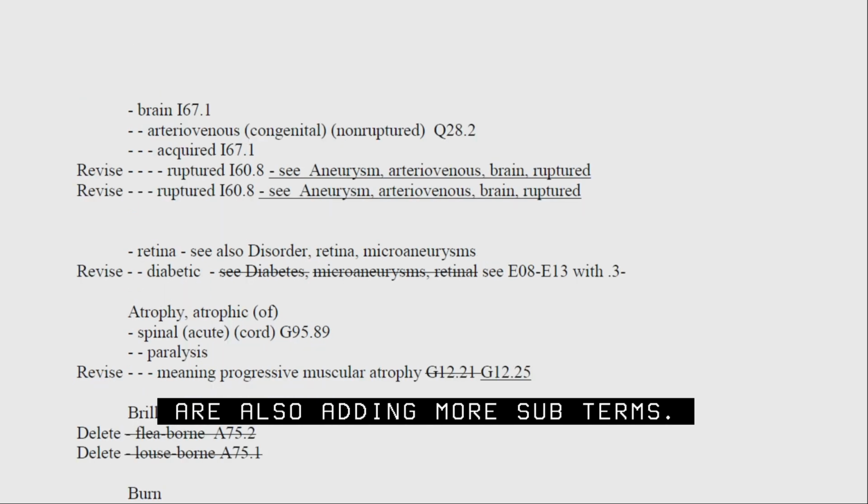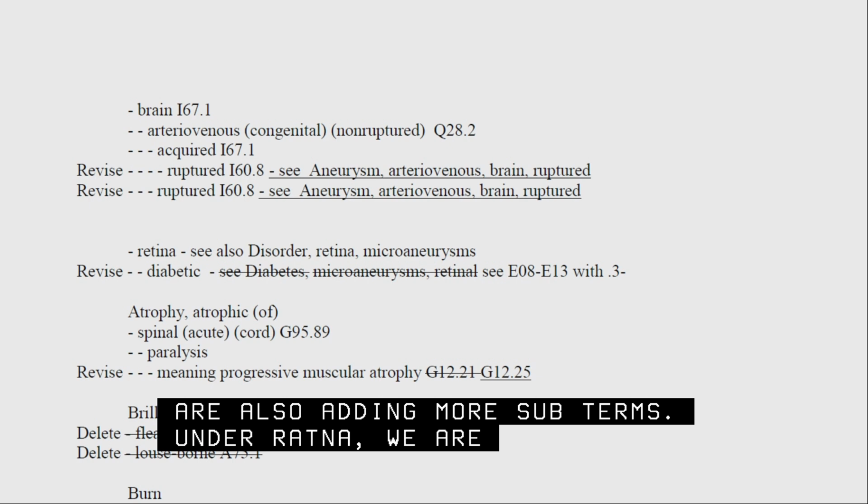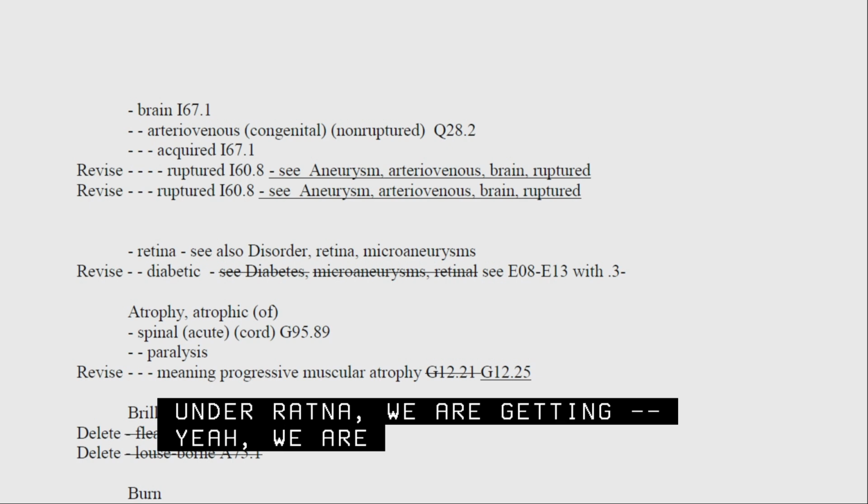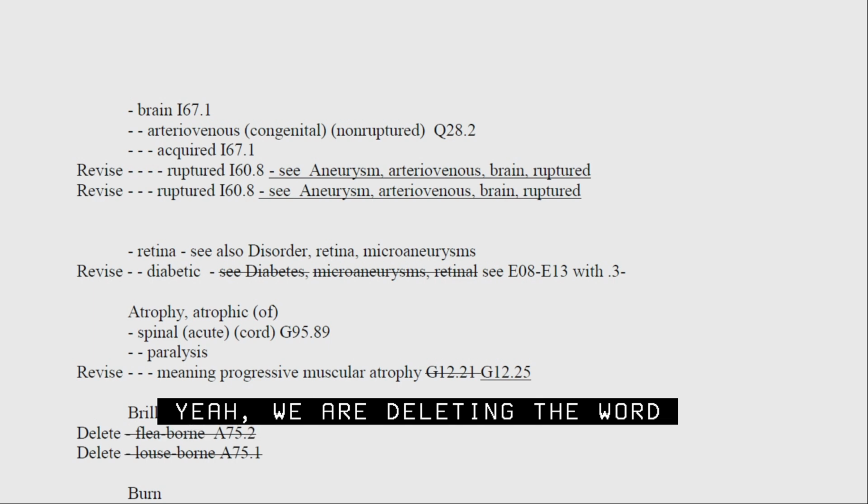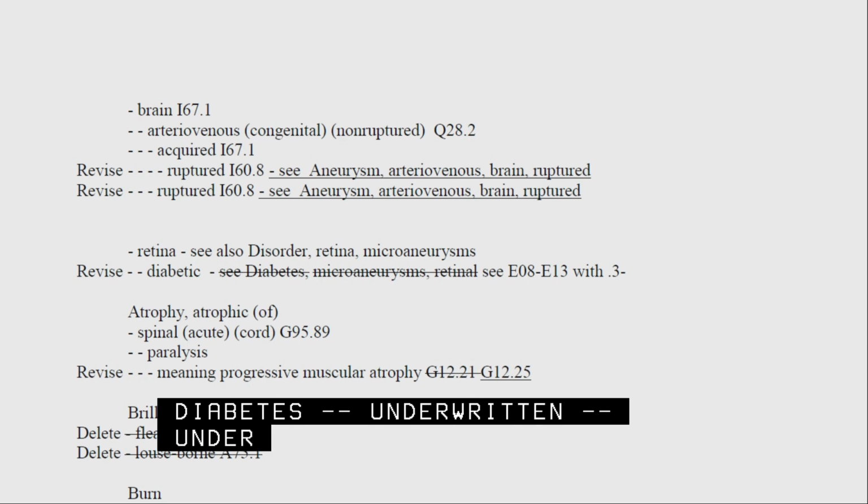Under retina, we're deleting the word see diabetes, microaneurysms, retinal. And at atrophy, we're revising the code.